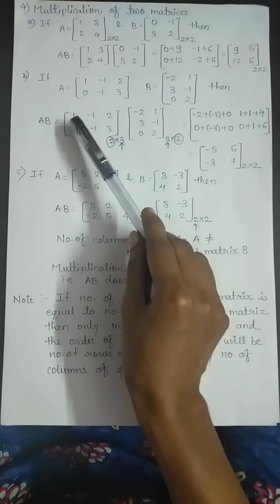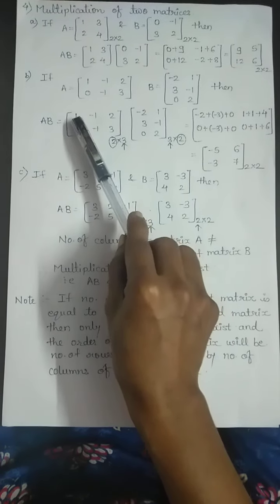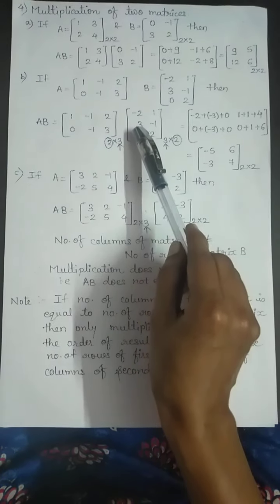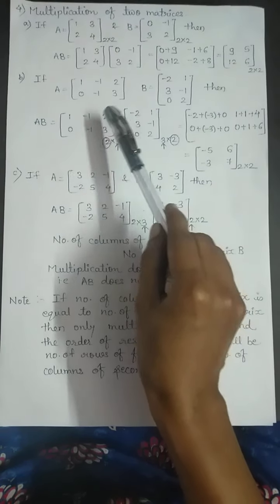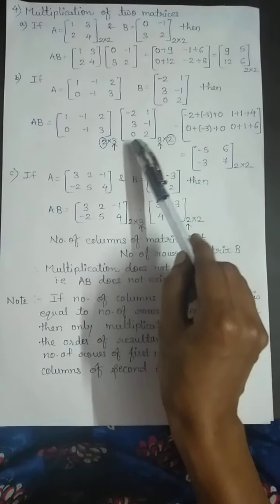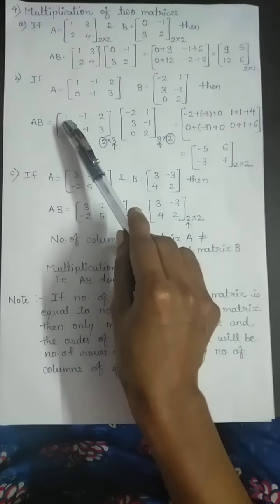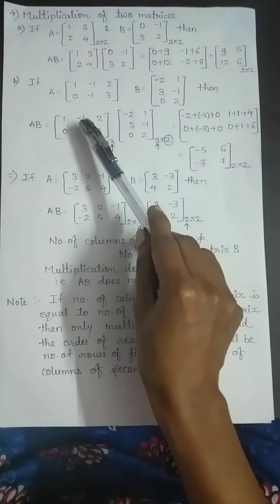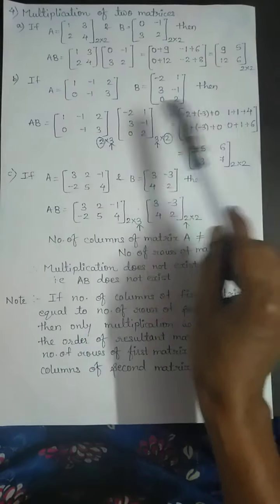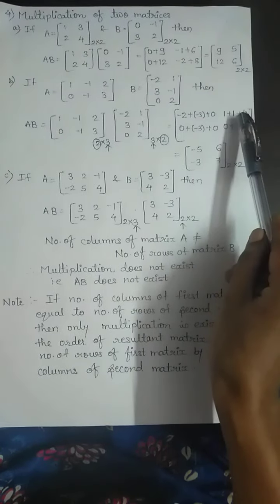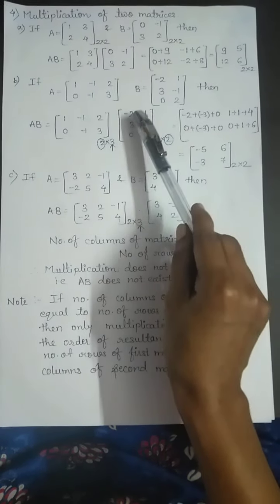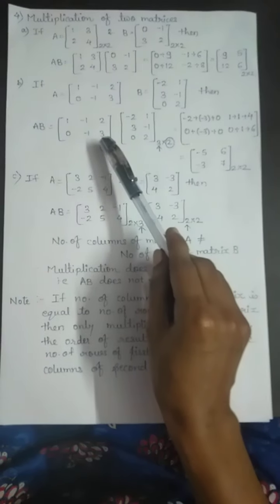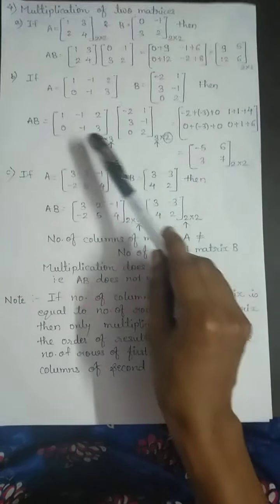See, you are going to multiply like this: 1 into minus 2, plus minus 1 into 3, minus 3, plus 2 into 0, 0. Similarly, 1 into 1, 1, plus minus 1 into minus 1, 1, plus 2 into 2, 4. 0 into minus 2, 0, plus minus 1 into 3, minus 3, plus 3 into 0, 0.